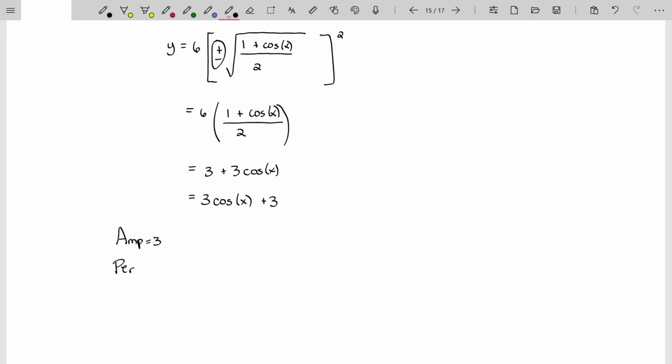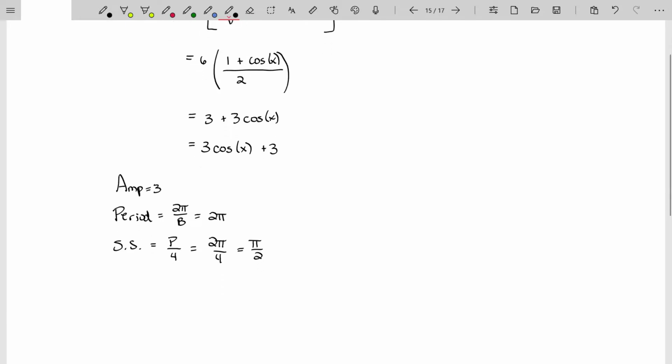The period of this is 2 pi over b, but b in this case is 1, so it's just 2 pi. The step size is the period over 4. So that'll be 2 pi over 4, which is pi over 2. And then the phase shift would normally equal negative c over b.